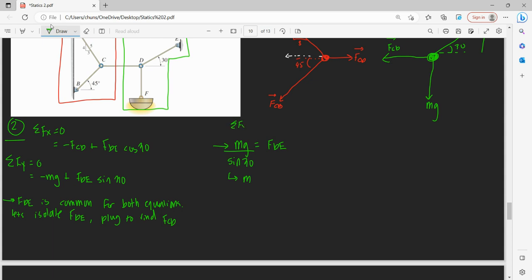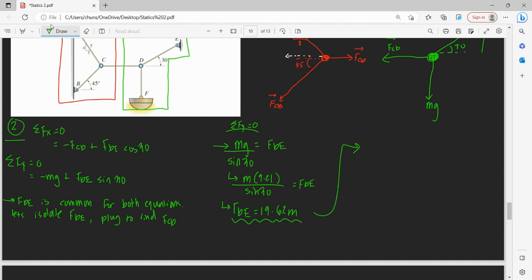So this is from equals, no, hold on. 9.81 m over sine 30 equals FDE. Then FDE is equal to 9.81 divided by sine 30, 19.62 m.